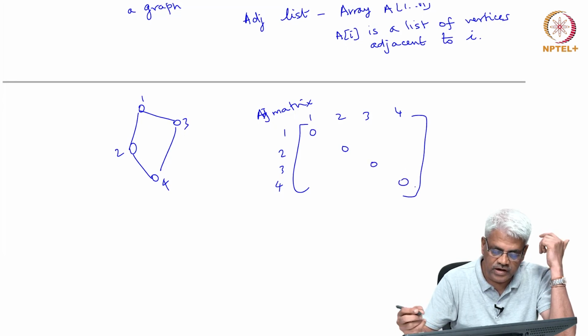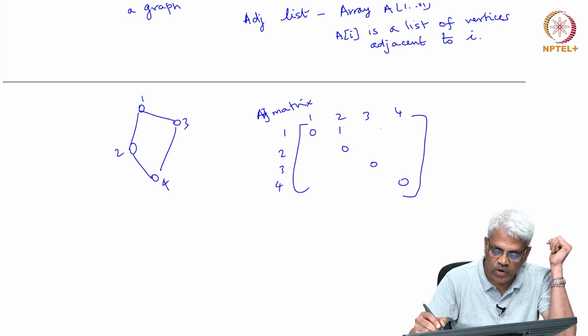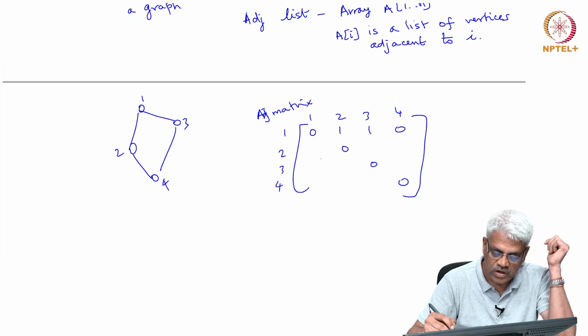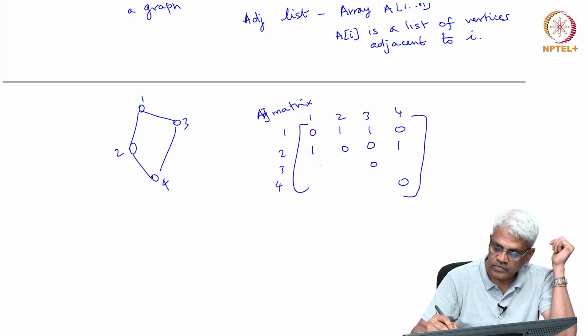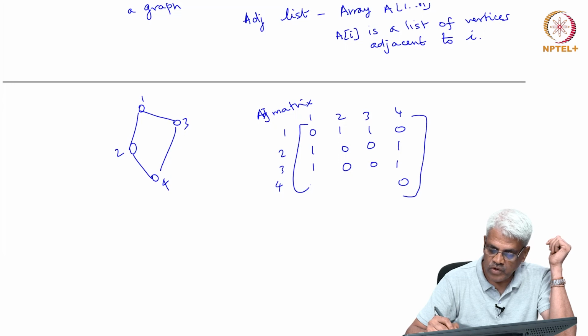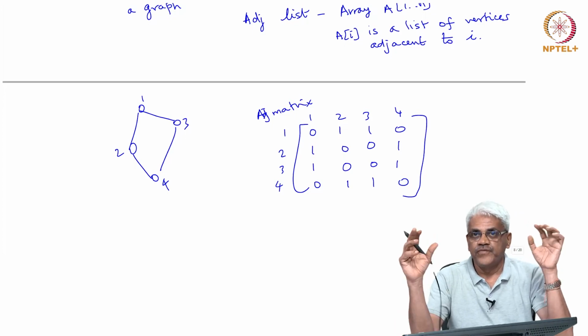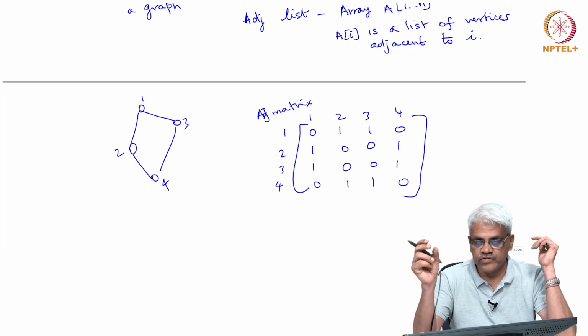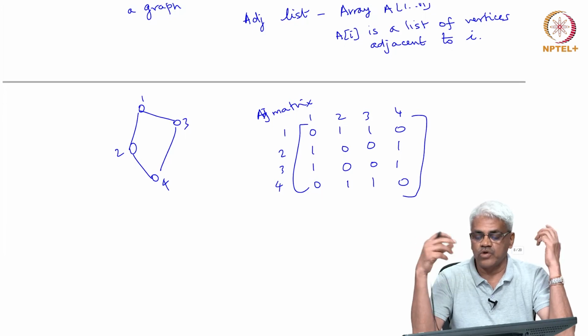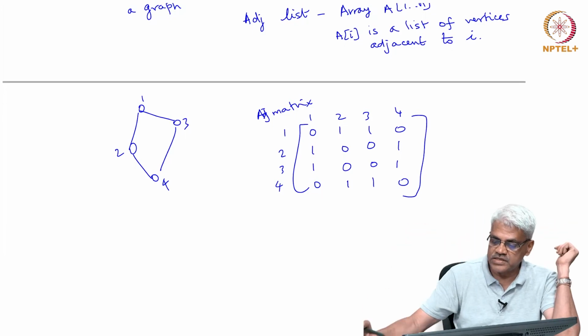So the diagonal entries will be 0, (1,2) will be 1, (1,3) will be 1, (2,1) is 1, (2,3) is 0, (2,4) is 1, (3,1) is 1, (3,2) is 0, and (3,4) is 1, and (4,1) is 0, (4,2) is 1, (4,3) is 1. So this is also a symmetric matrix if your graph is undirected, because whenever ij is 1, ji is also 1. This is the adjacency matrix.